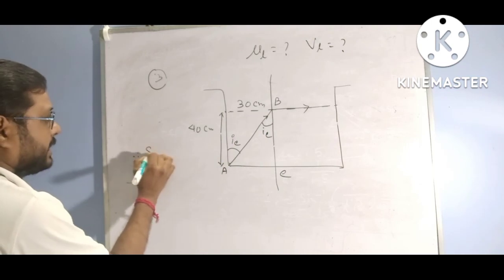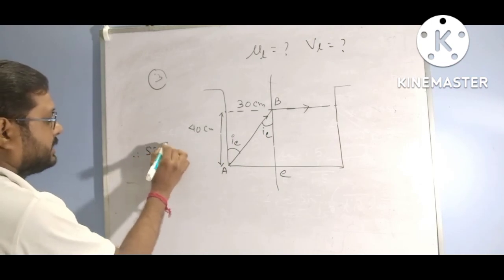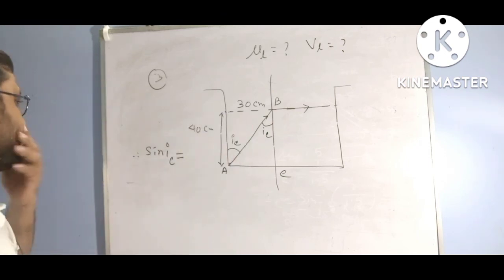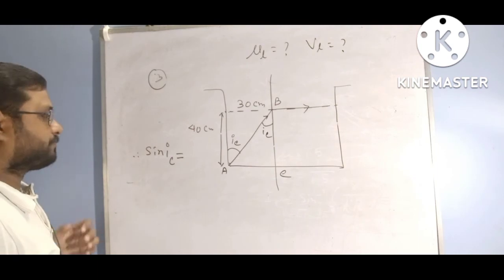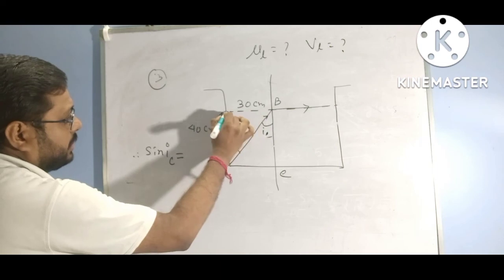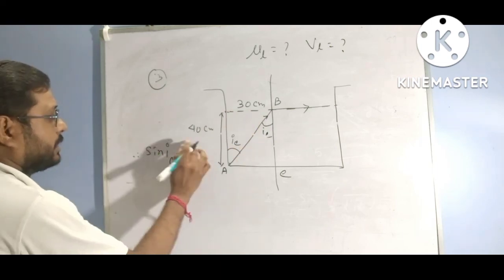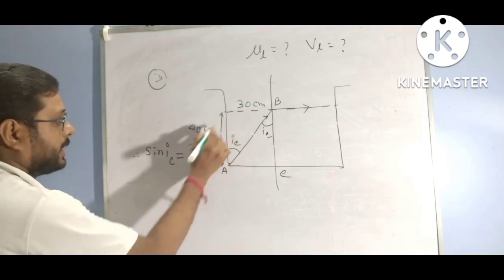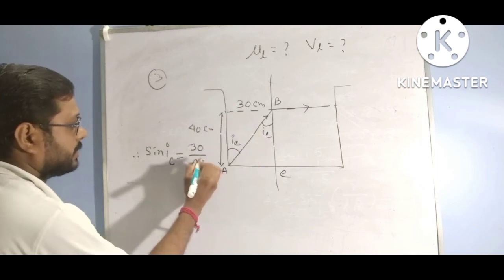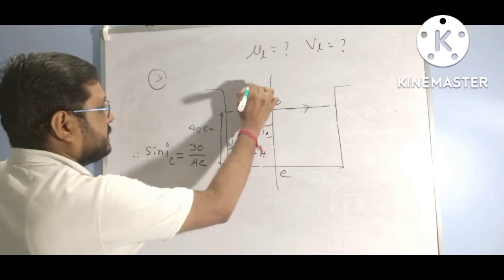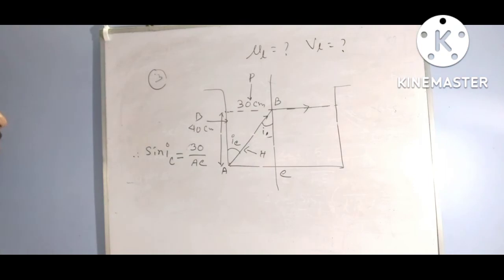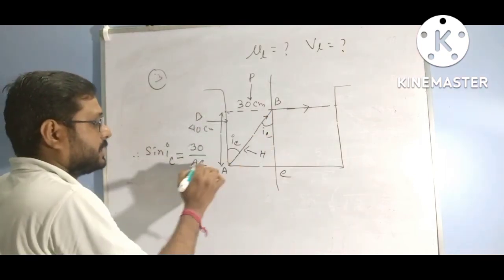So perpendicular upon hypotenuse is sine IC, and sine of IC is 30 by AC.